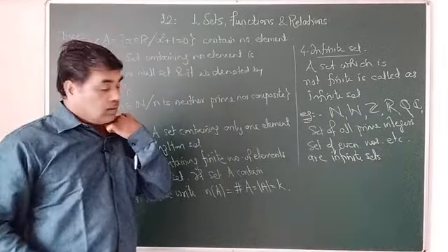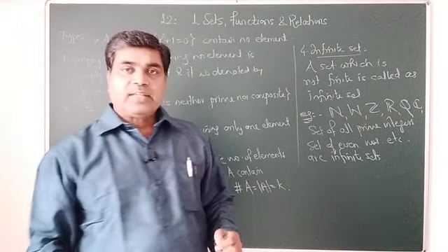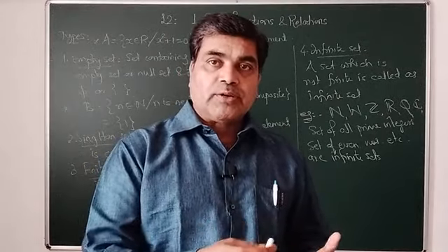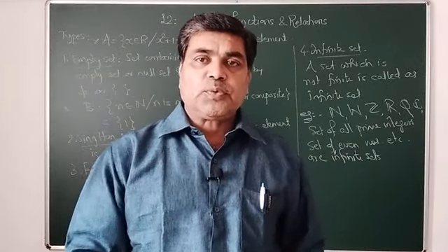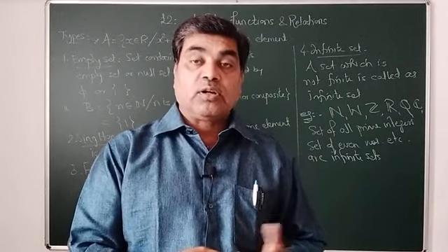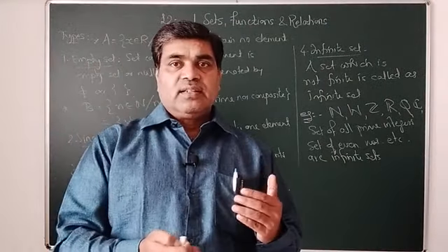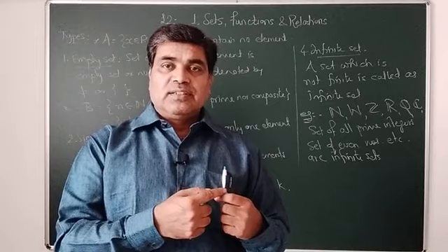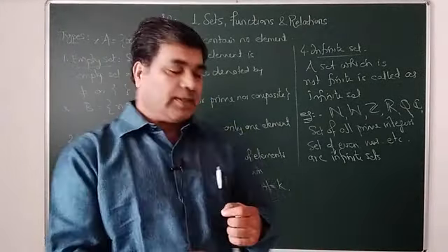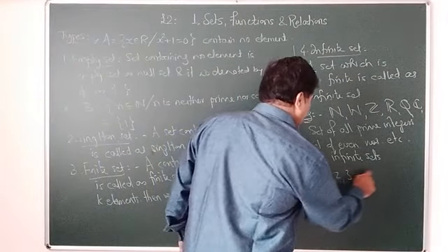Again, you can observe that in natural numbers, after 1 you can count 2, after 2 you can count 3. So one after one it is possible to count the elements in the natural number set or whole number set: 0, 1, 2, 3, and so on. Or in Z, I can take 0 first, then positive integer 1, then negative minus 1, then 2, minus 2, and so on.